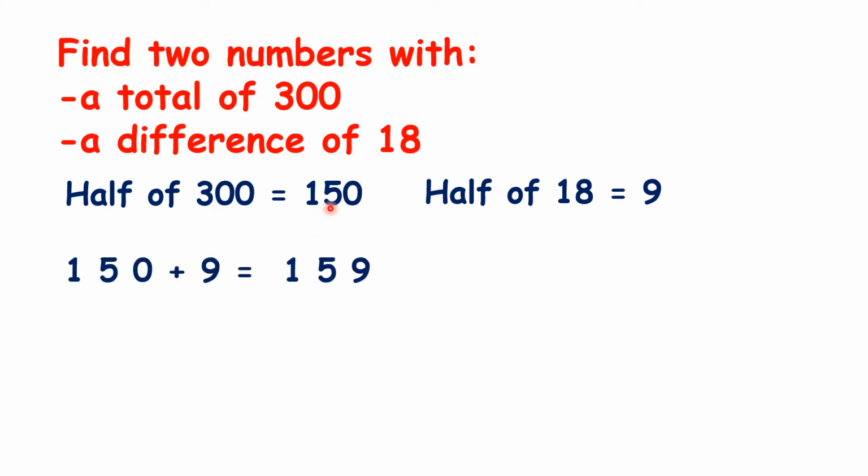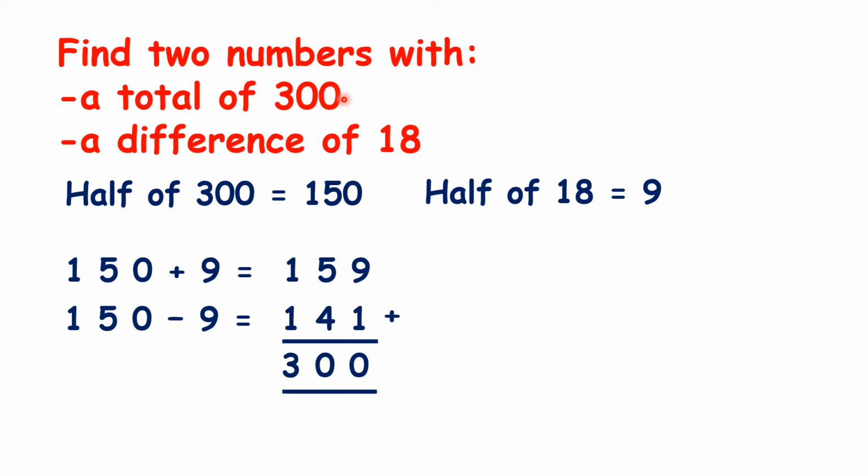Well, 150 plus 9 is 159, and 150 minus 9 is 141. You can add these numbers to get a total of 300, and you can subtract to get a difference of 18. So our numbers are 159 and 141.